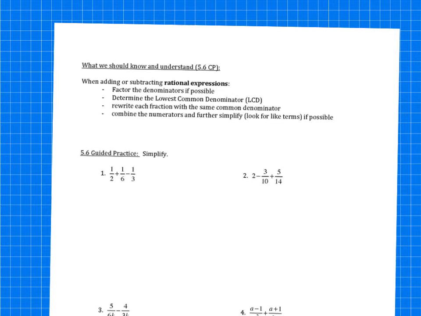If you need to make a note to yourself right now, the lowest common denominator is one of each factor, and the greatest number of any one factor any of the denominators have. Rewrite the fractions with the common denominator, and then combine and simplify. And again, I think it's worthwhile to always factor the numerator just to make sure there might not be another cancellation hiding there.